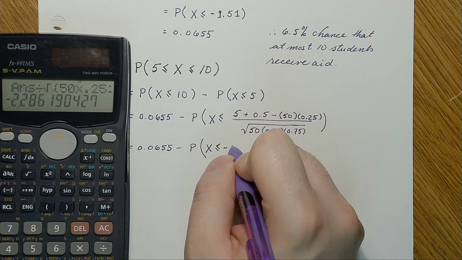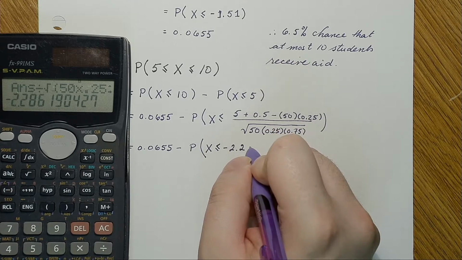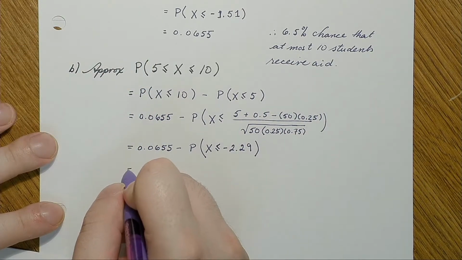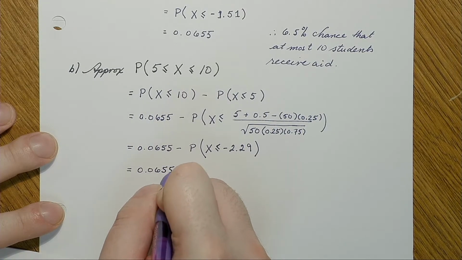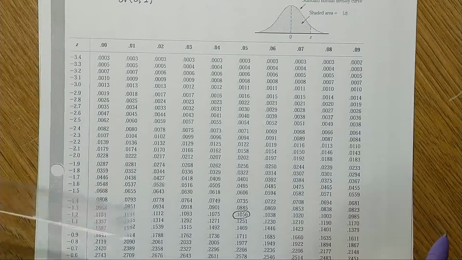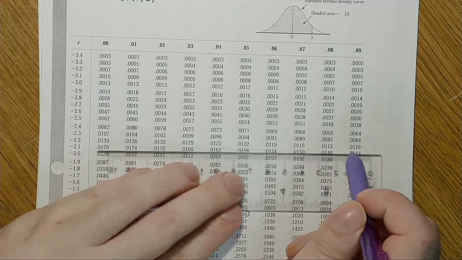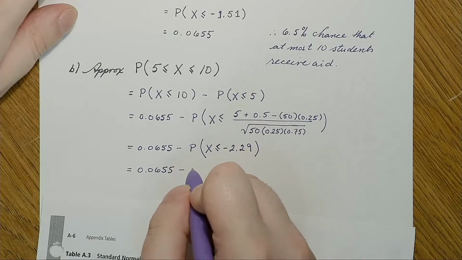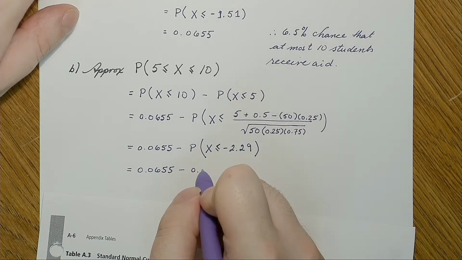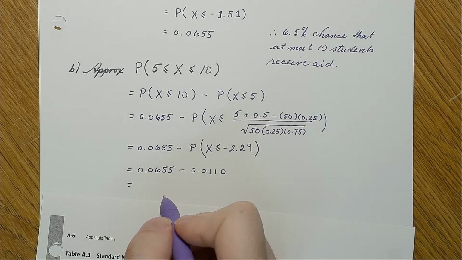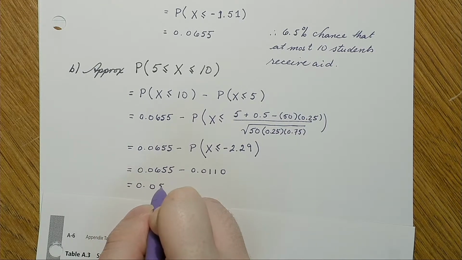So I get minus 2.29. So again, I'll pull out my table, minus 2.29. Last one right here, 0.0110. And subtracting that, you get 0.0545.